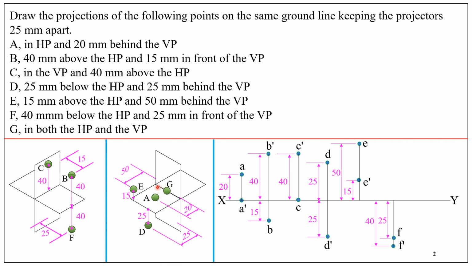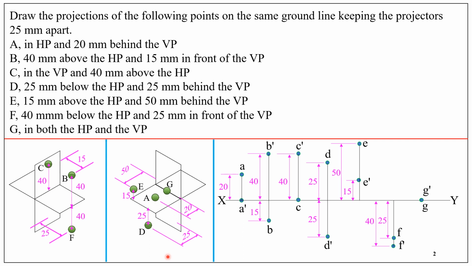When the object is in the reference line, or when it is in both HP and VP, its front and top view will be on the XY line. So draw the front view, G dash on the XY line, and draw the top view G, which coincides with the front view on the XY line.